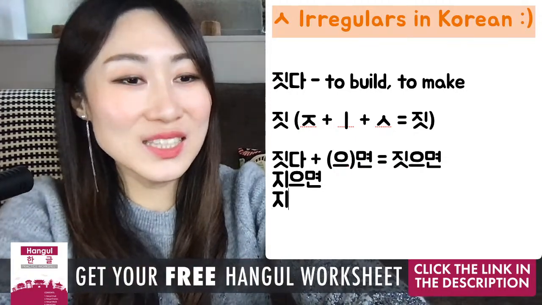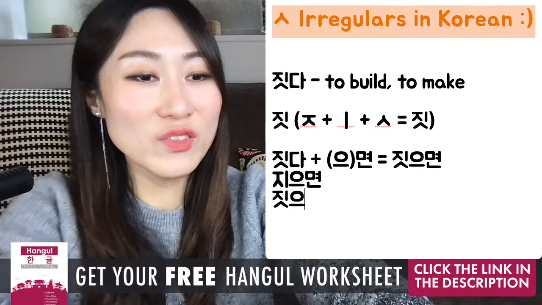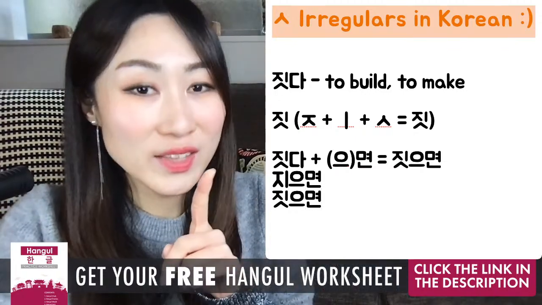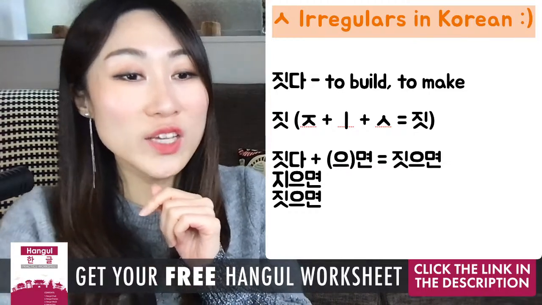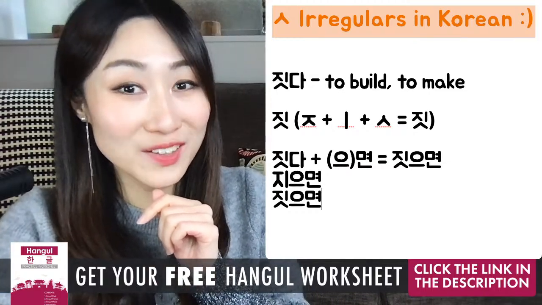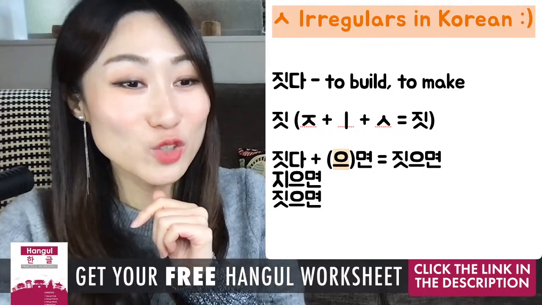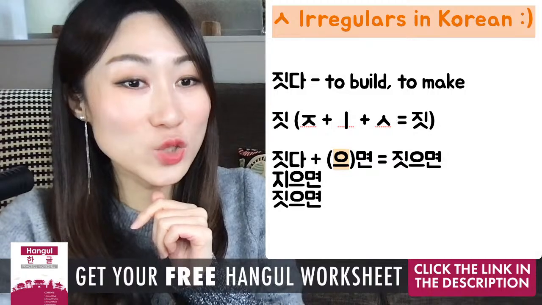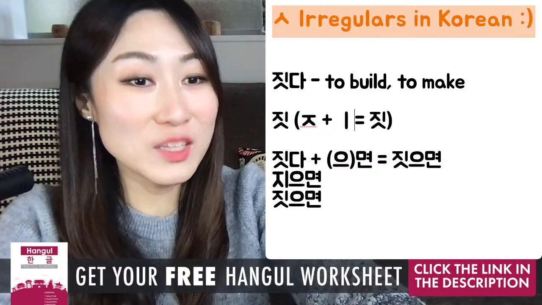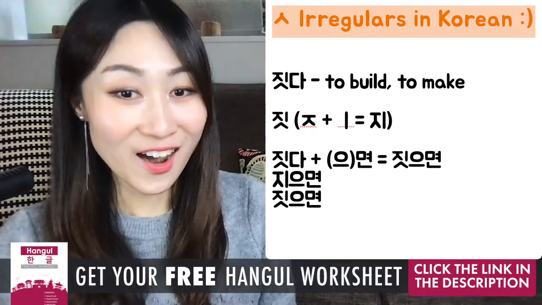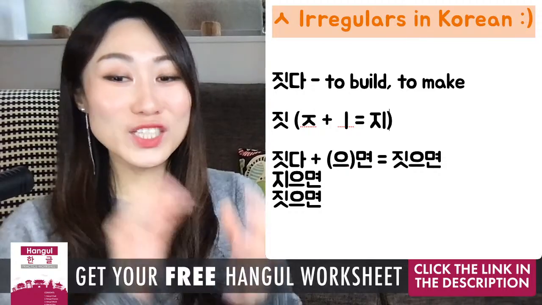So 짓다, usually I have to conjugate it as 짓으면, but when the following conjugation starts with a vowel sound, you remove the ㅅ like this. You remove it and it becomes 지. That's right. That's why it's an exception.